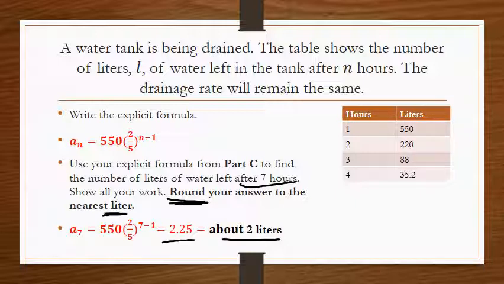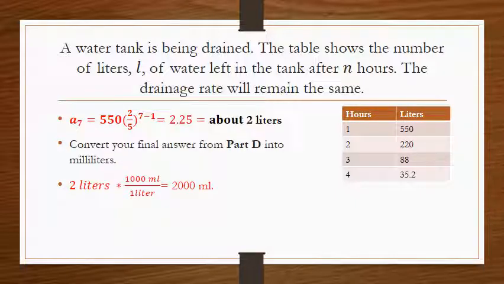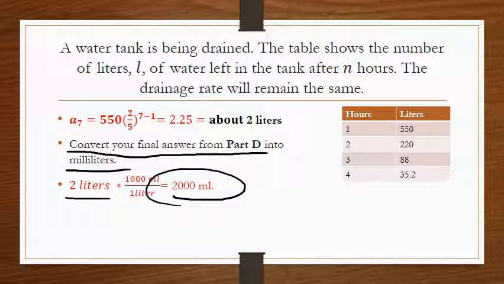So that means about 2 liters. And then the last part is where you're going to convert my final answer into milliliters. So there's 1,000 milliliters in 1 liter. So take your 2 liters times 1,000, you get 2,000 milliliters.